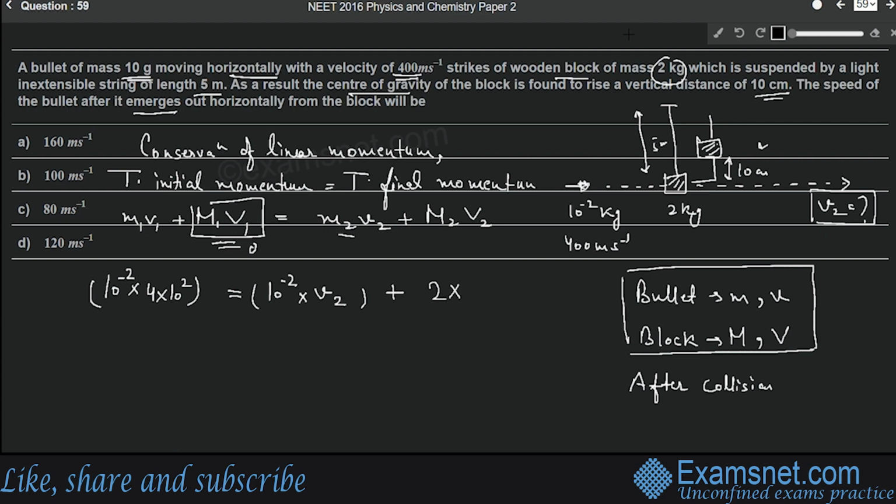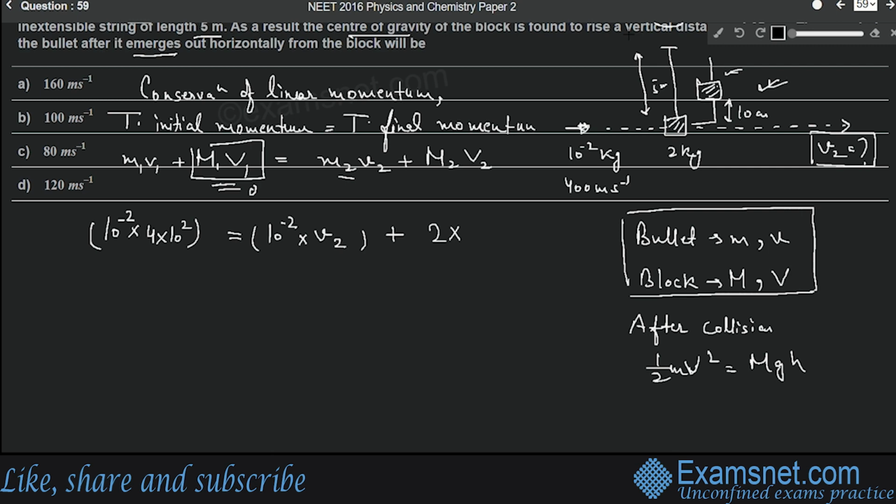But after it rises to a certain distance of 10 centimeter, it will have potential energy but no kinetic energy, because after coming to this height it will stop. That means total energy will be conserved. So initially it had only kinetic energy, half mv square, equals finally only potential energy, mgh. So from here we can find the velocity of the block.